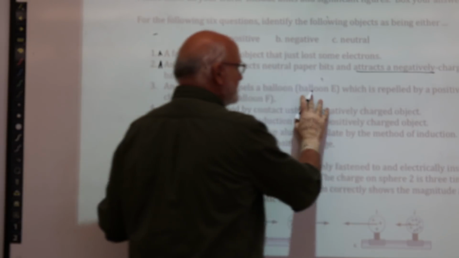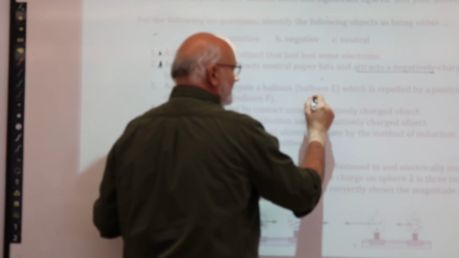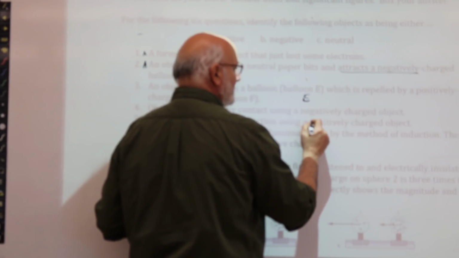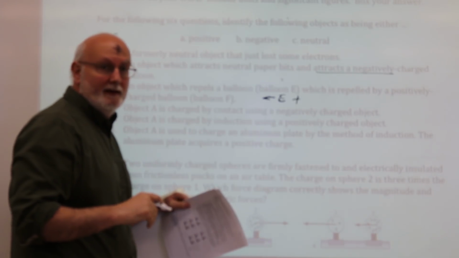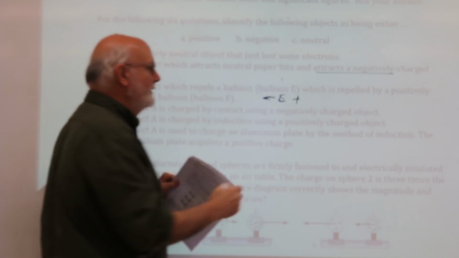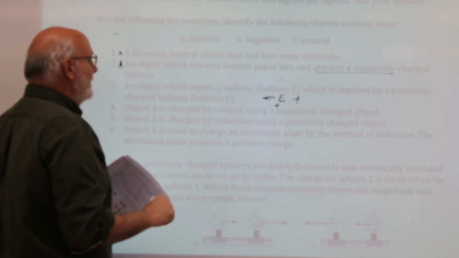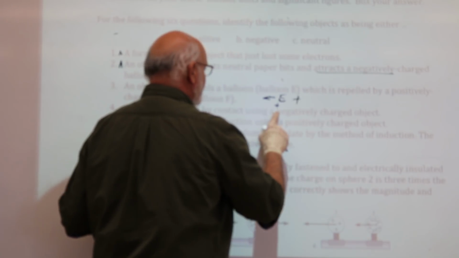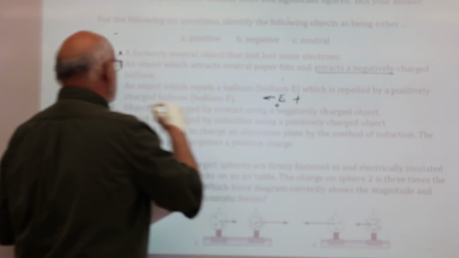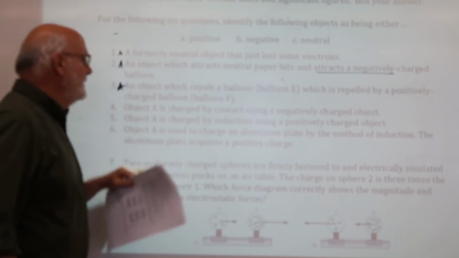We've got balloon E. This guy is repelled by positive. So what charge does that mean that it is? Very good, I can hear you from here. It means it's got to be positive. So, an object which repels a balloon which is repelled by a positive: what repels it? A positive. So there, that's going to be a positive as well.